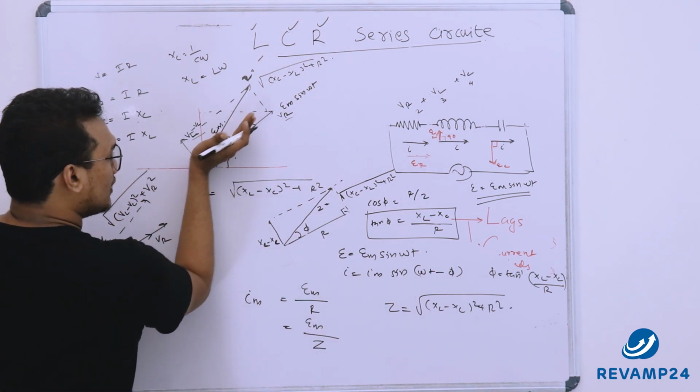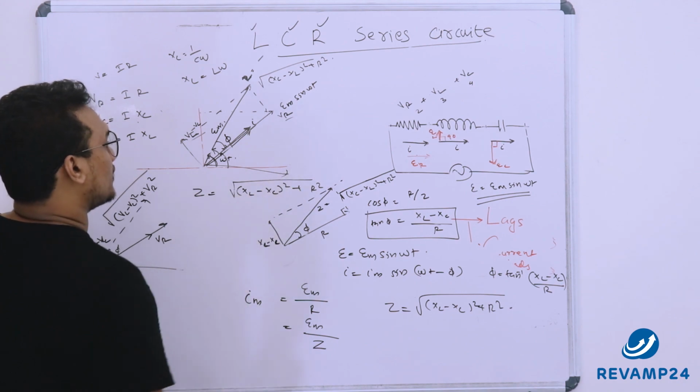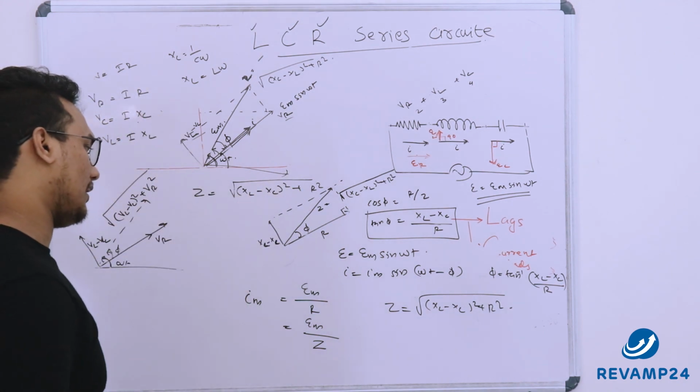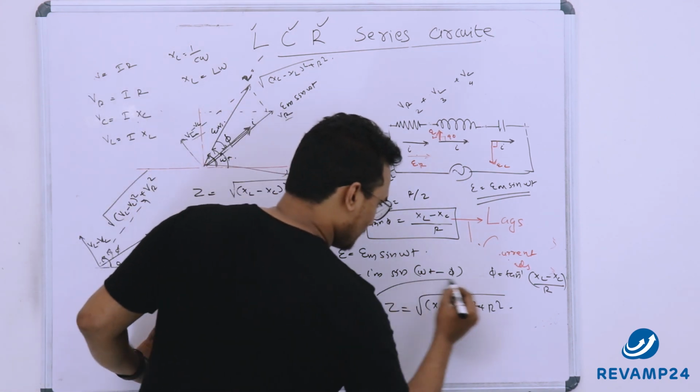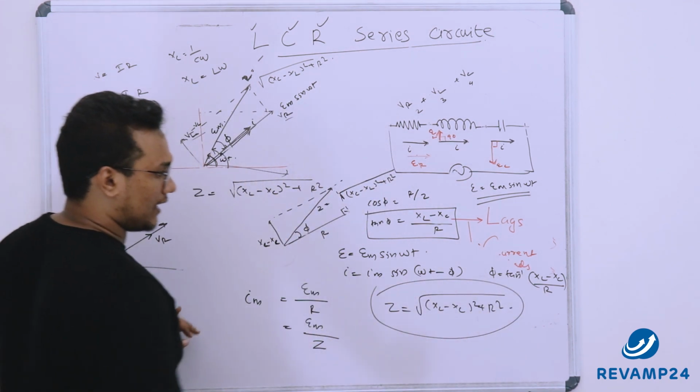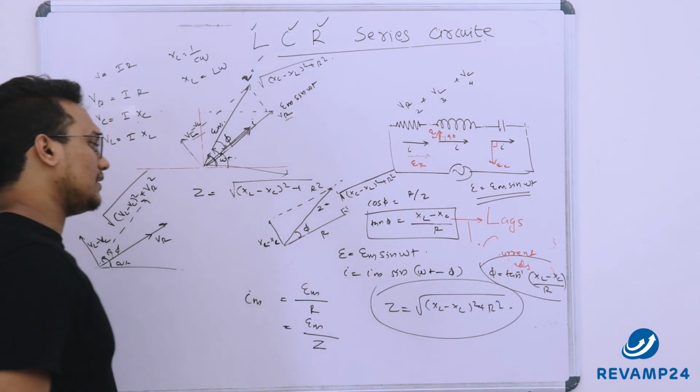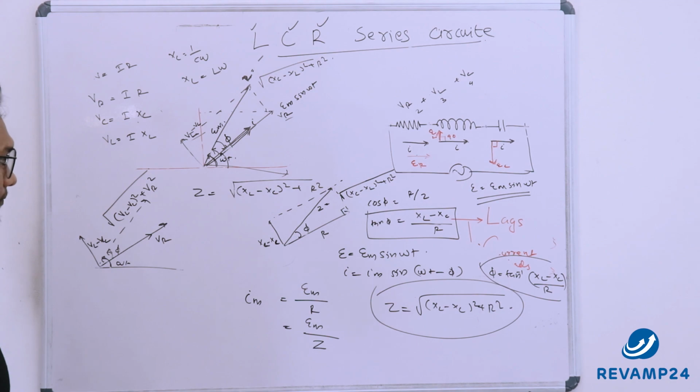In that circuit, current would be here and voltage would be here if you are taking VC greater than VL. Now this is the Z value, and the value of phi is tan inverse of (XL minus XC) divided by R.